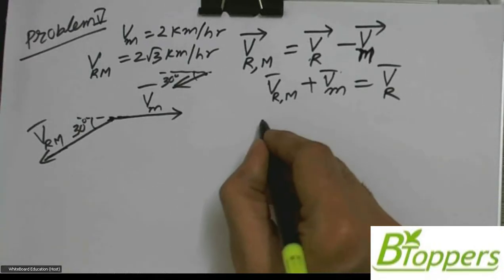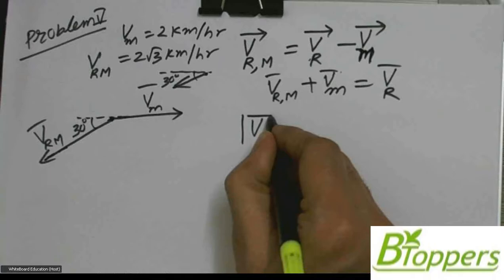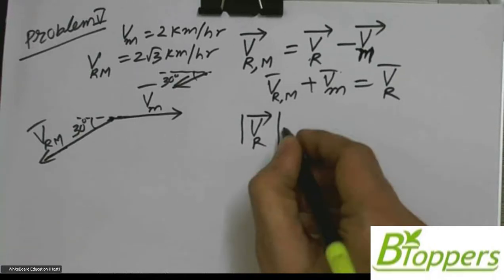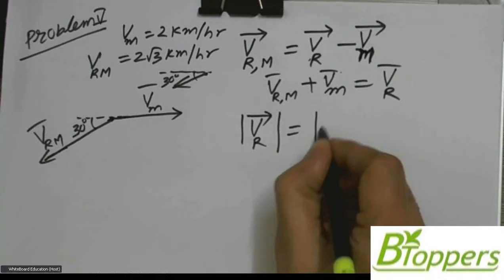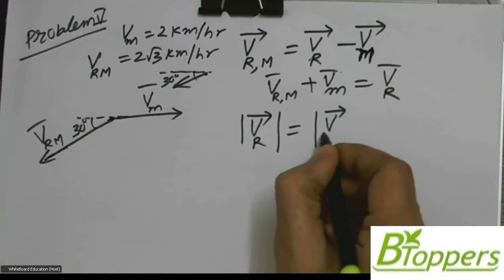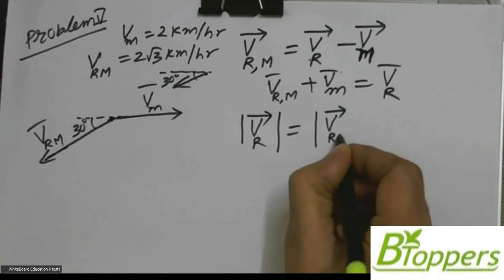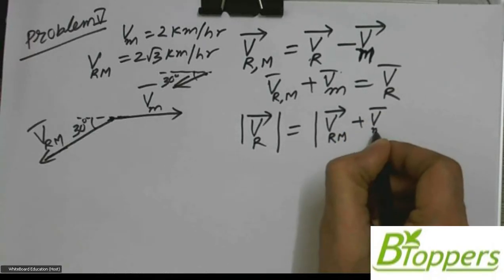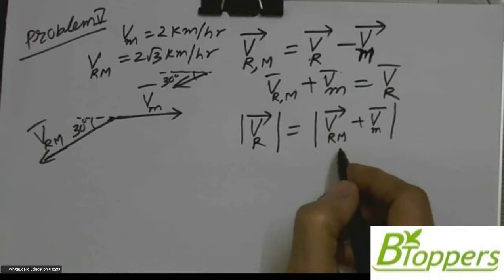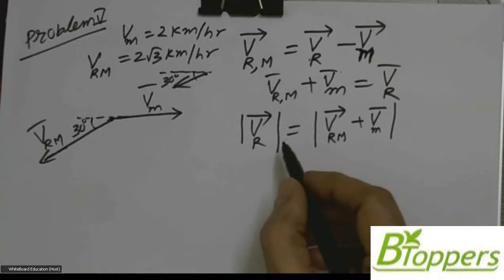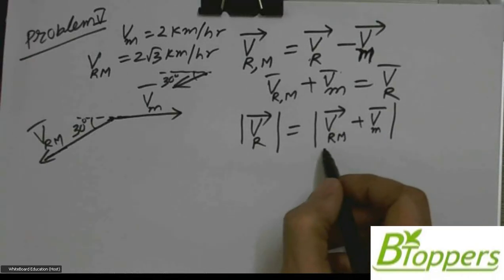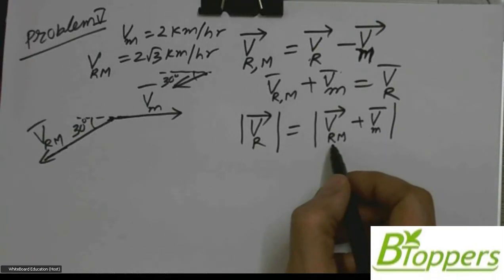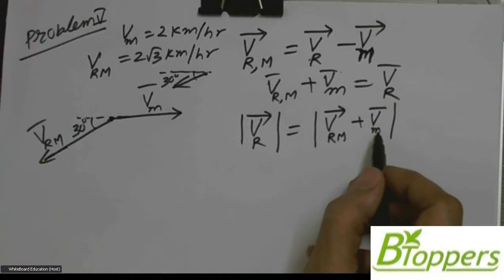So the magnitude of V R bar is equal to the magnitude of the vector sum of V bar subscript RM plus V bar subscript M, that is, the relative velocity and the velocity of the man.